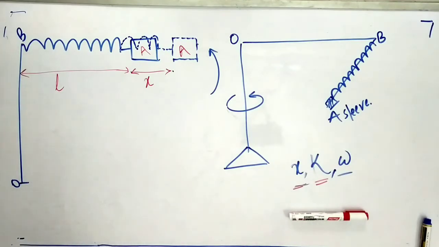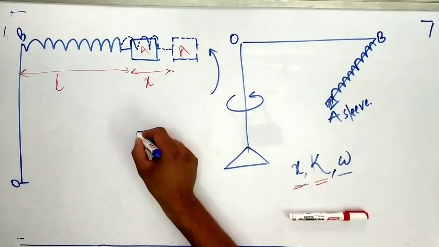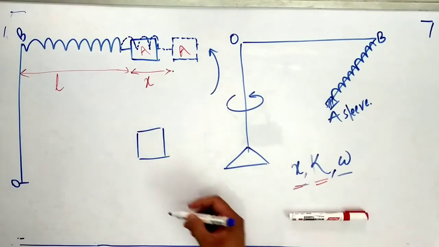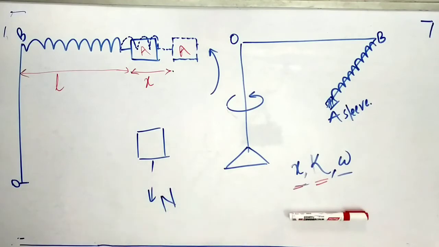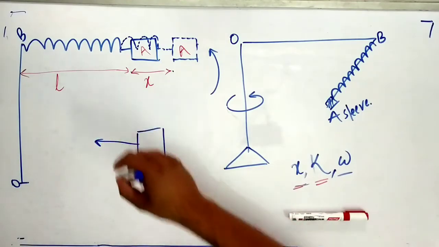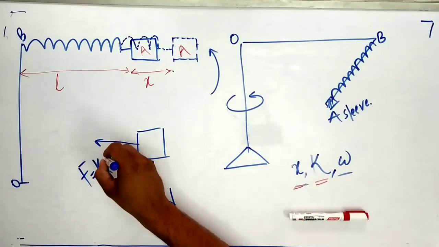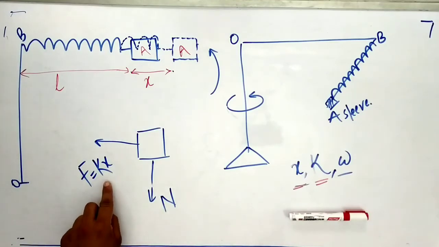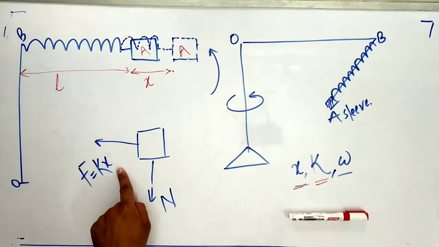Now let us talk about the forces acting on the sleeve. I'm going to draw the sleeve here. This way there is going to be a normal force. This way it's going to be the force by the spring, which is always given by the expression K into X. K is the stiffness and X is the extension in the spring.